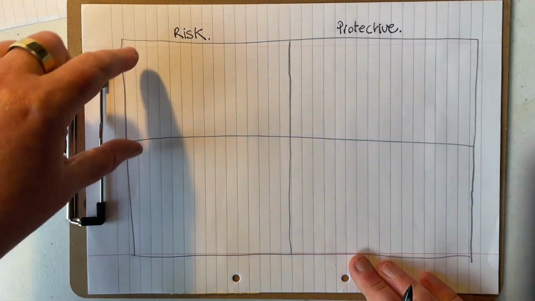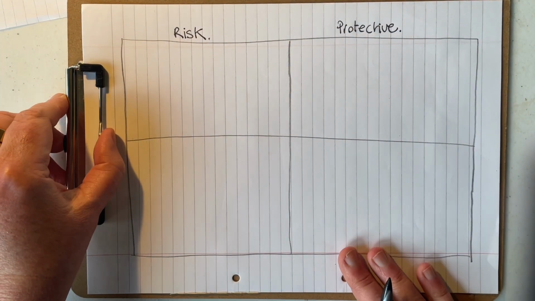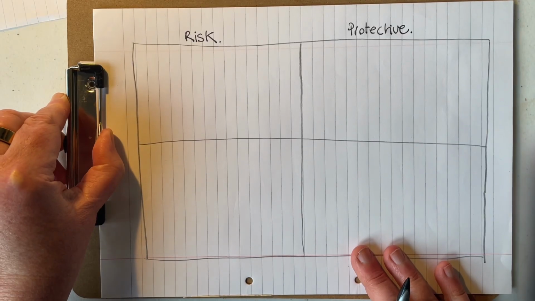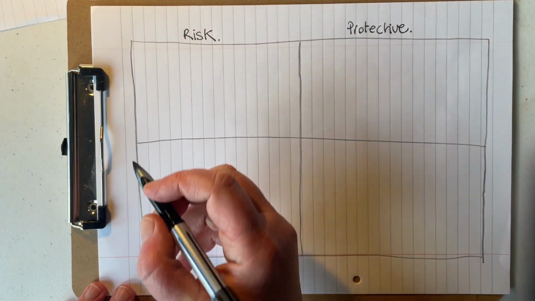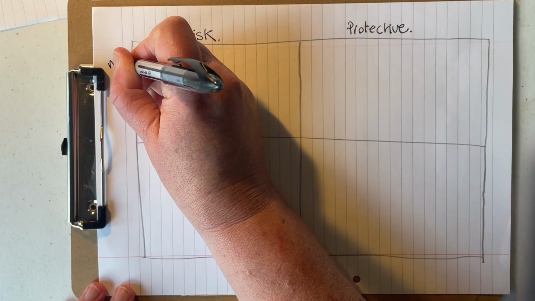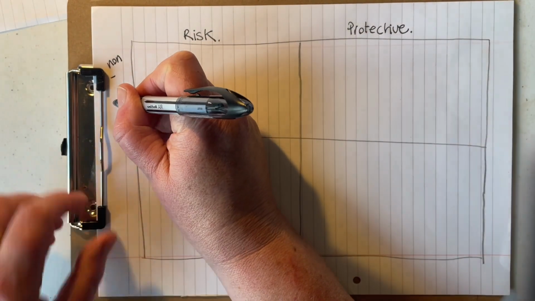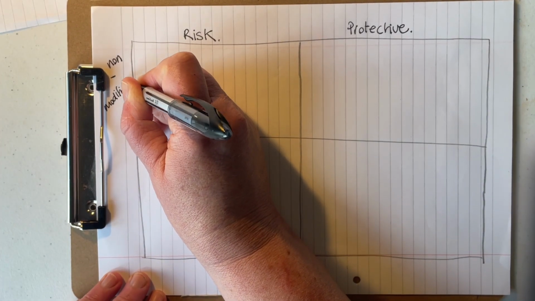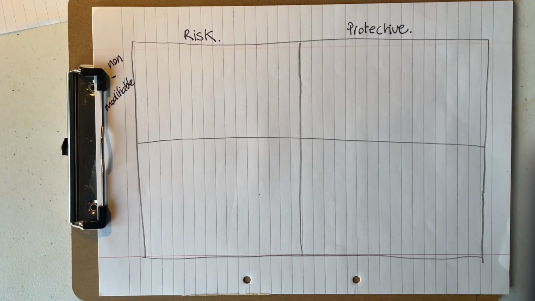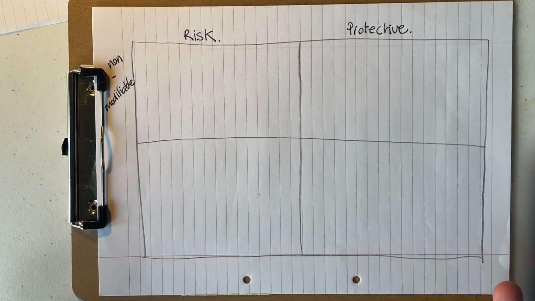Now, let's look at the rows across here. So the first row is non-modifiable, things that you can't change.